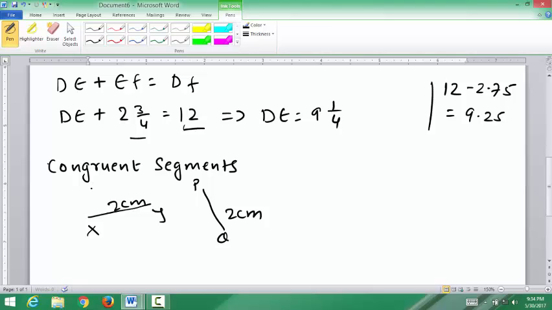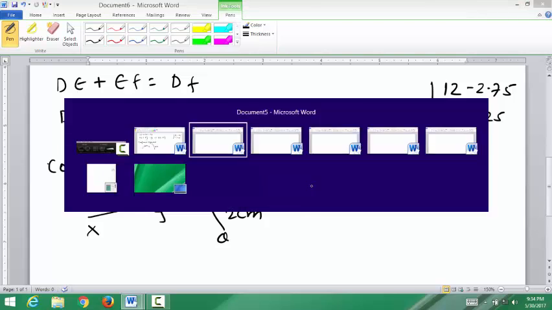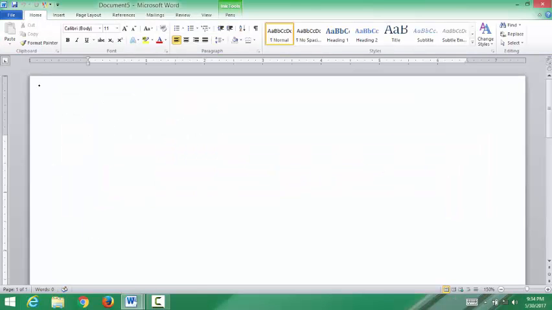Now what is a congruent segment? Two segments having the same measures are called congruent. Now we take the distance formula.